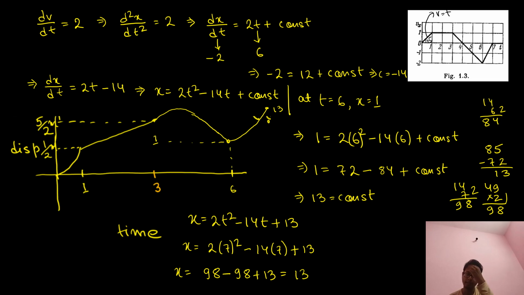I think I made some calculation error out here. Just check it once. The error I made is with 2t square. When you integrate 2t, it is t square, so it is t square minus 14t plus constant. The 2 would get cancelled. At t equals 6, x is equal to 1, so you apply the boundary condition.